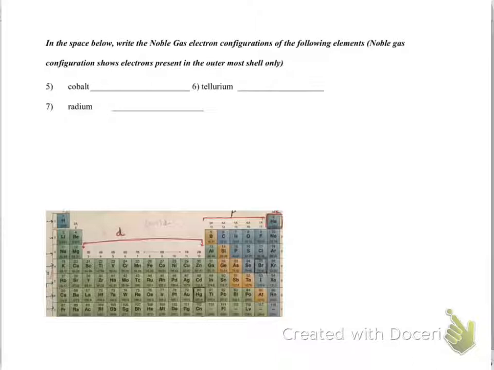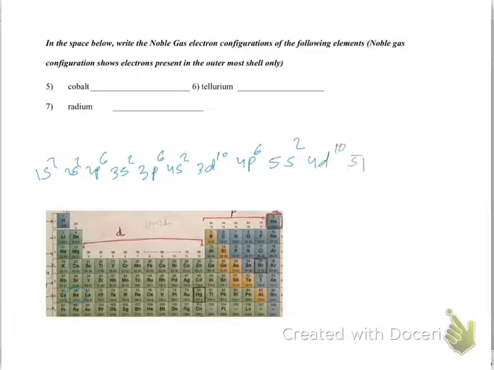For example, for barium, what we were writing, 1s2, 2s2, 2p6, 3s2, 3p6, 4s2, 3d10, 4p6, 5s2, 4d10, 5p6, 6s2.